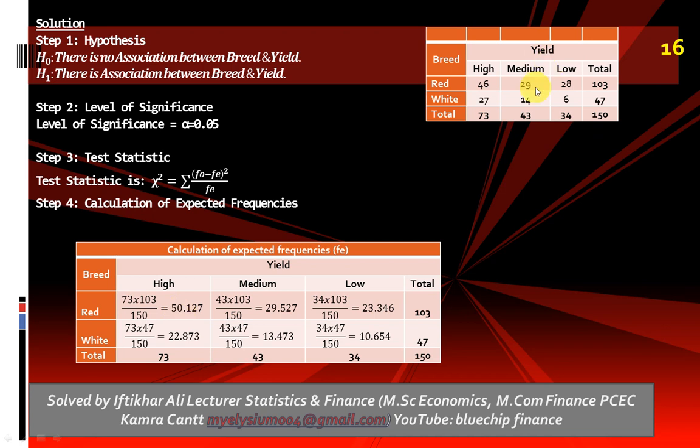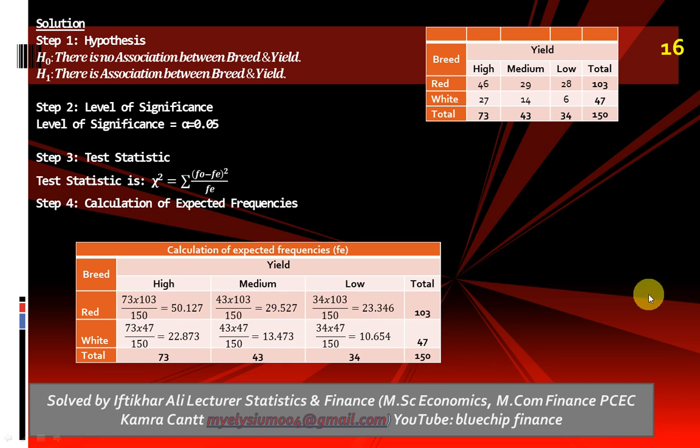After that, for observed frequency 29, the expected frequency will be row total 103 multiplied by column total 43 divided by subtotal 150, as you are seeing here. So for this observed frequency 29, the expected frequency will be 29.527 and so on. You can pause the video and see all the calculations.